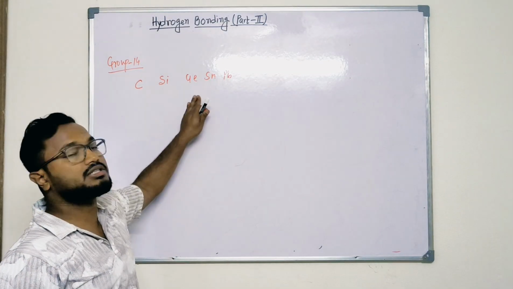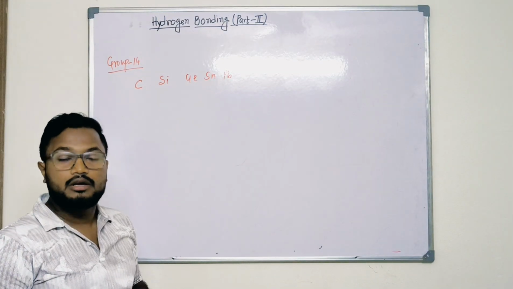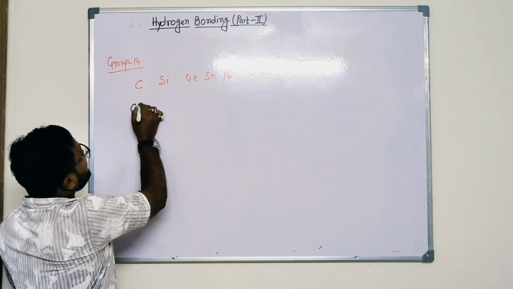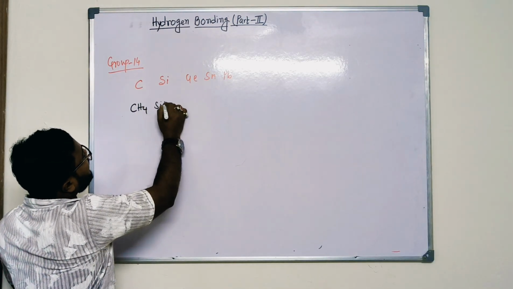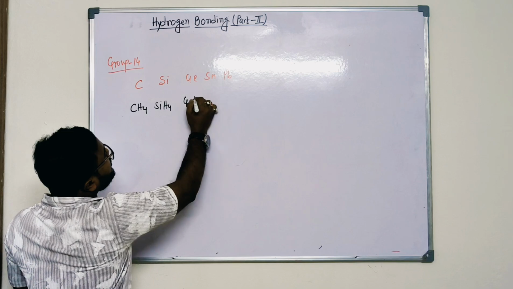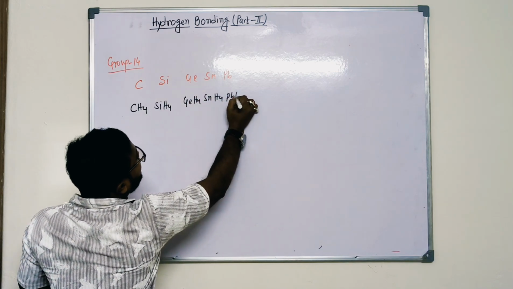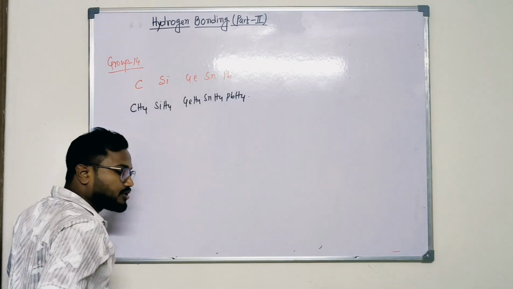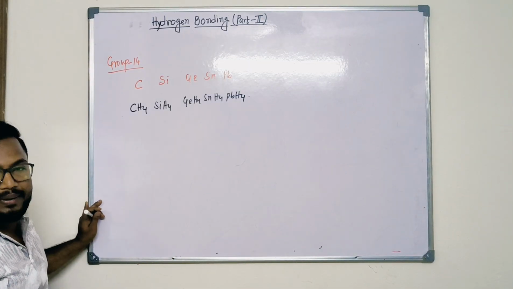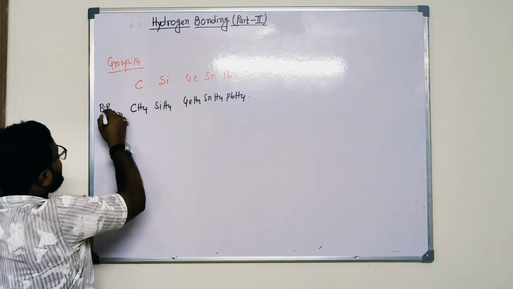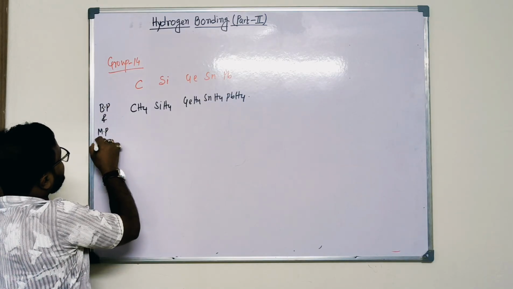Carbon, silicon, germanium, tin, lead. We are taking hydride of the molecules. That is CH4, SiH4, GeH4, SnH4 and PbH4. These are the molecules. For them, we are going to compare their boiling point and melting point.